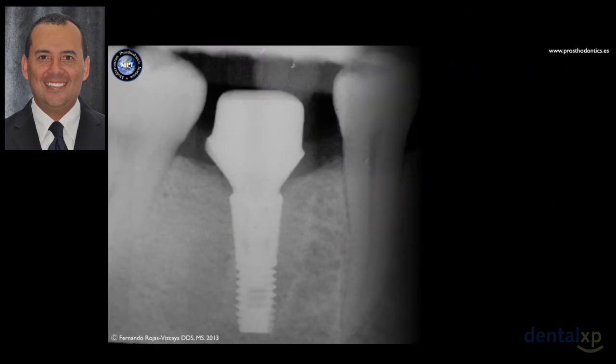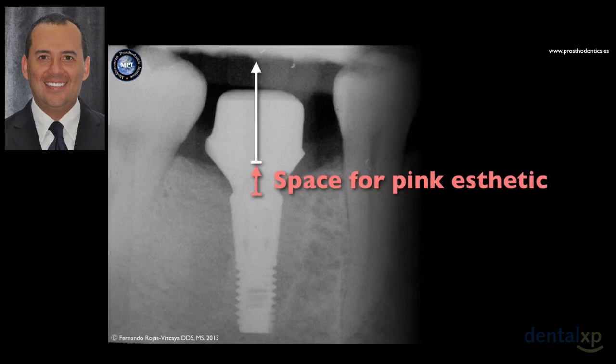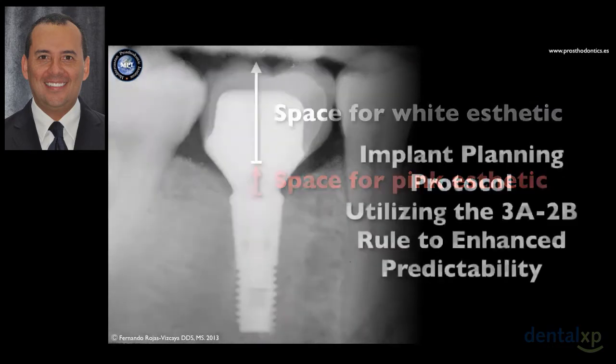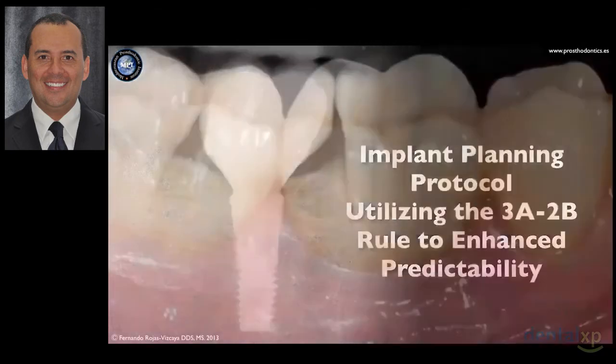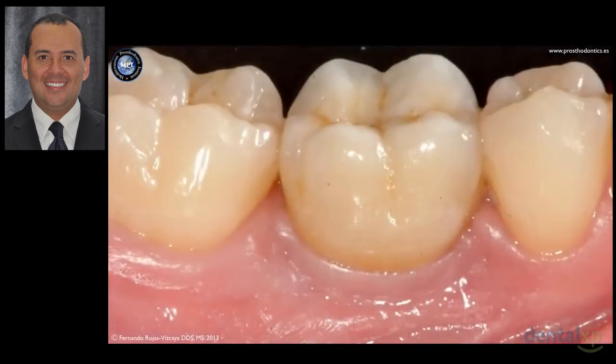So you can see here that after screw the abutment, you have the space for pink aesthetic and the space for white aesthetic. So if you use the 3A to B rule, you can enhance the predictability of your case. Now, because implant and abutment are working together, can help in the preservation of the marginal bone, and we will preserve the aesthetic that we create for our patient.